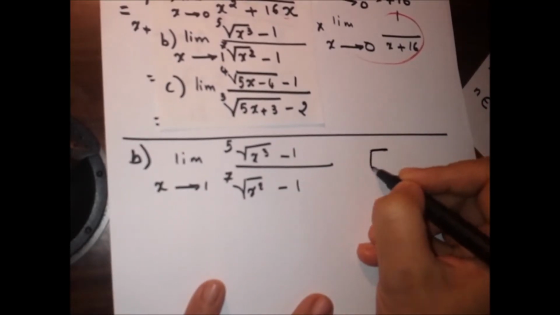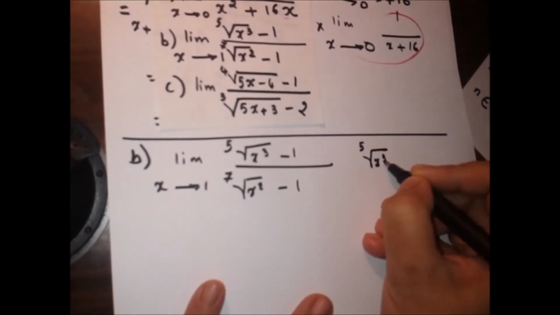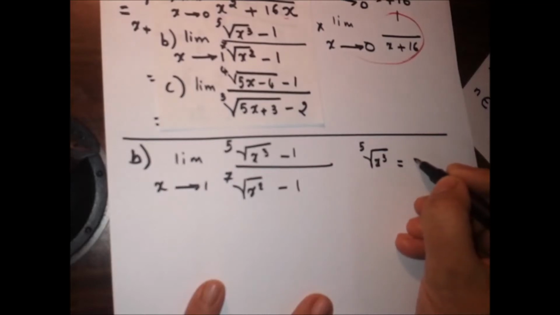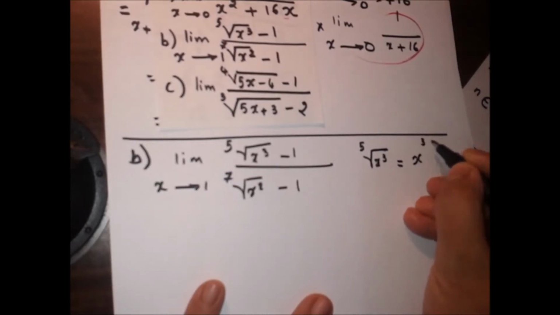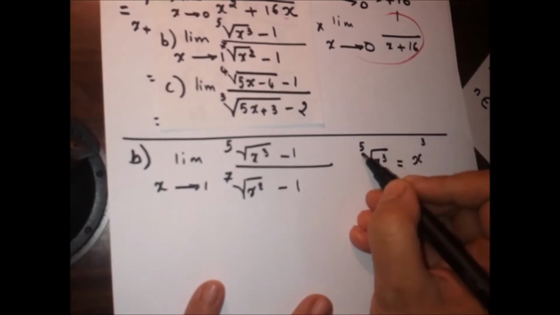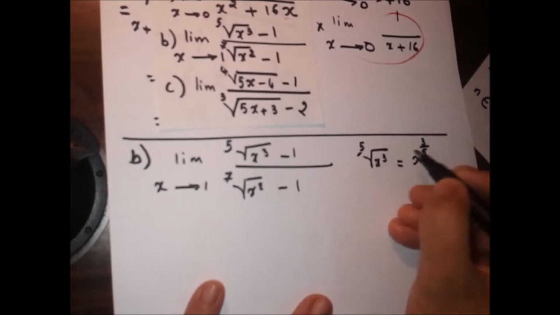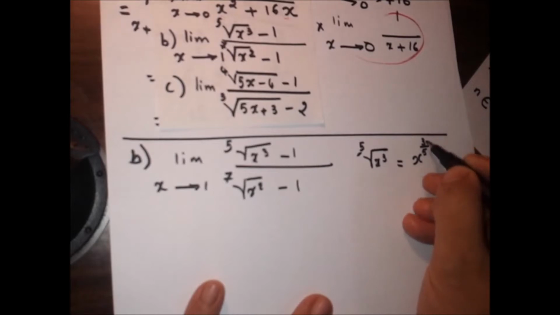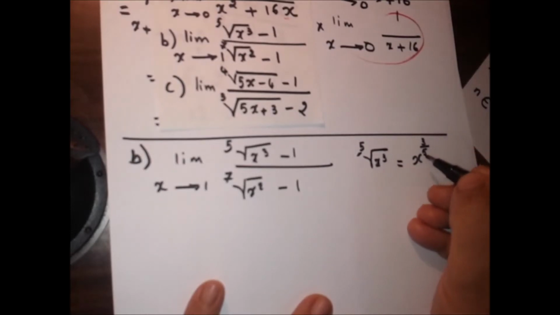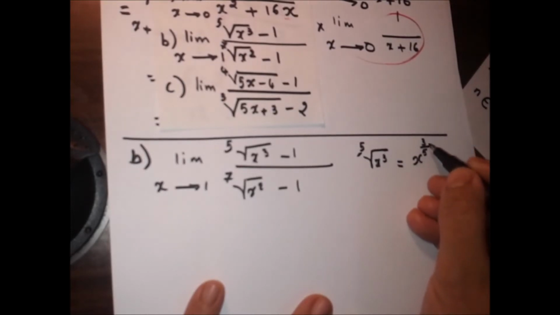First, the 5th root of x cubed means first x to the power 3, and for the 5th root, the index means put 5 down. Just put the index down in the exponent. So this is equal to x to the power 3 over 5.